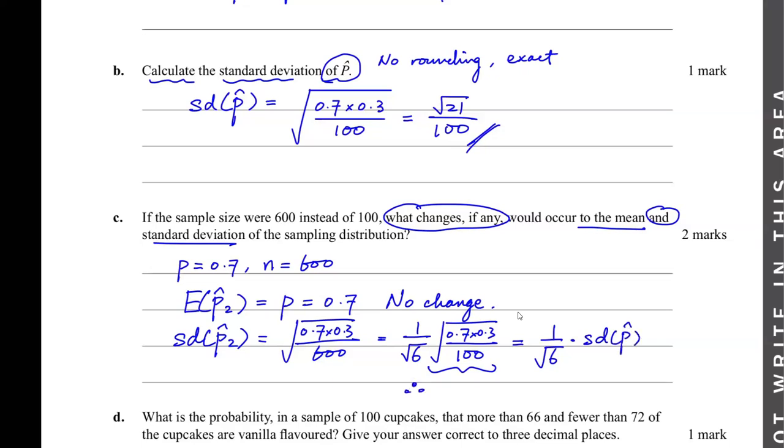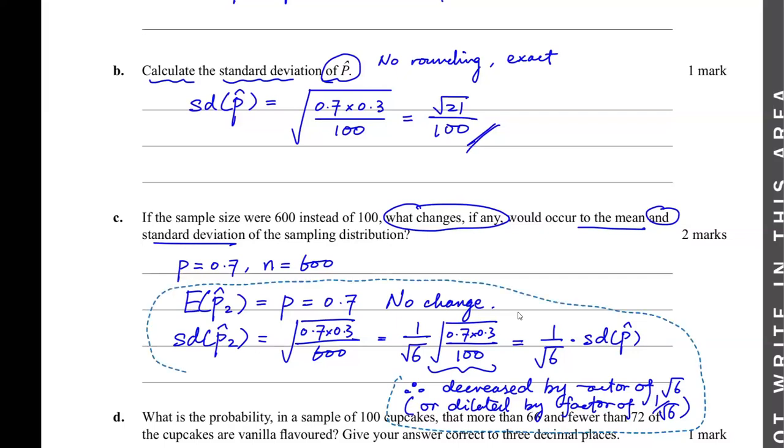So the standard deviation decreased by a factor of root 6. Or you could say dilated by a factor of 1 over root 6, okay? Make sure you use correct phrases to describe any changes.